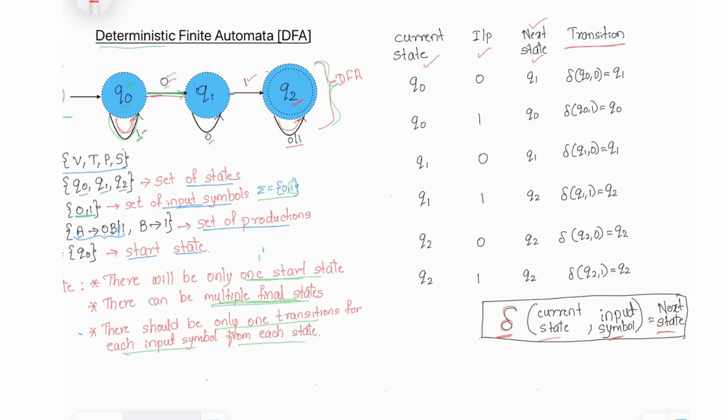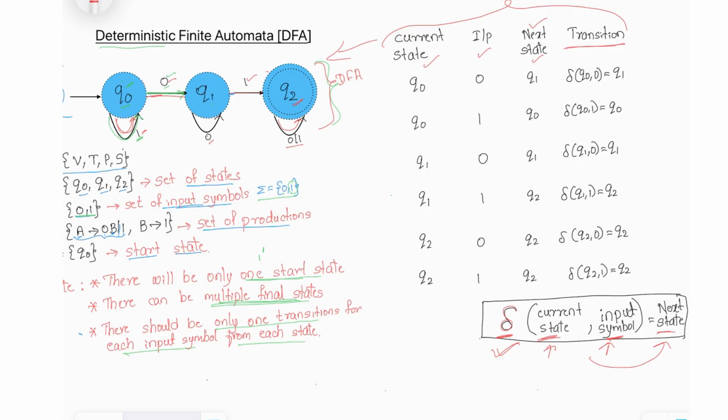So from which state, by accepting what input symbol, to which state it is moving, can be represented in this transition function. This is the transition table which we are representing for the given transition diagram.